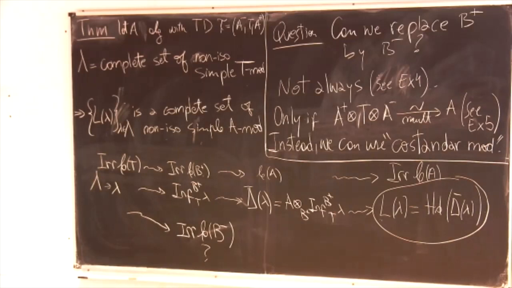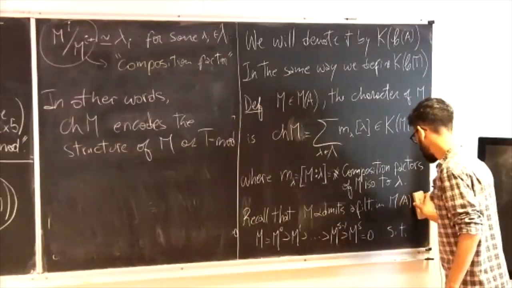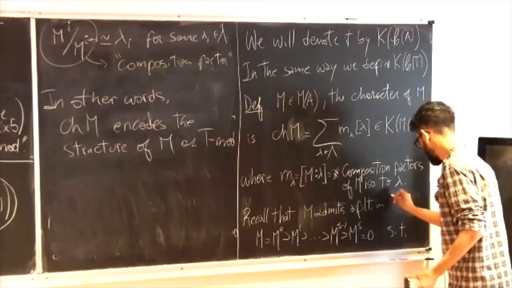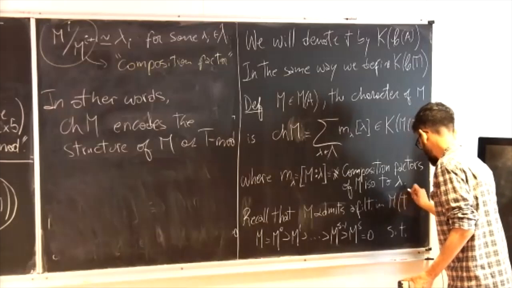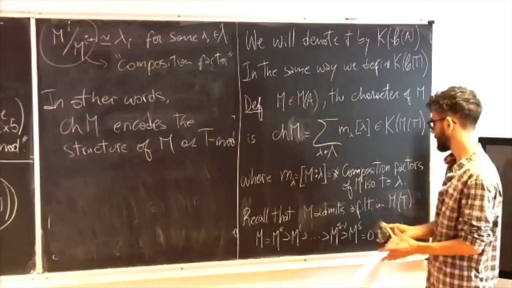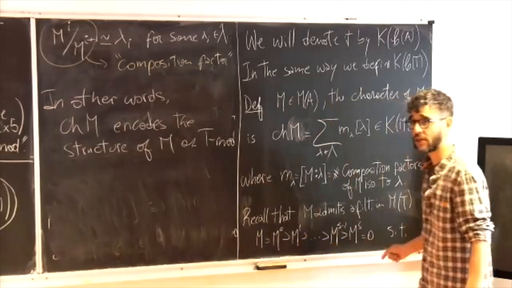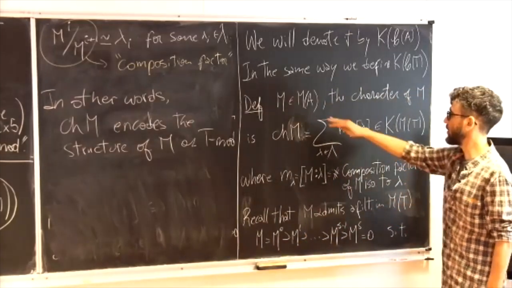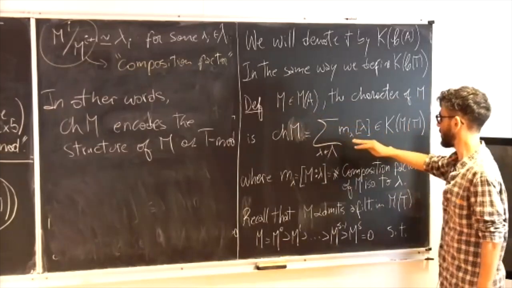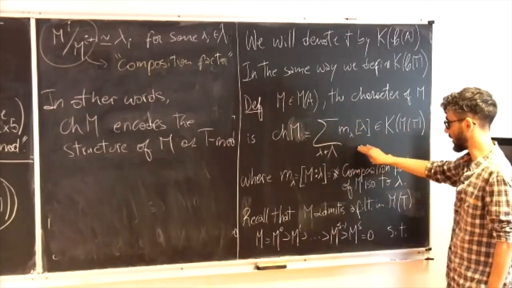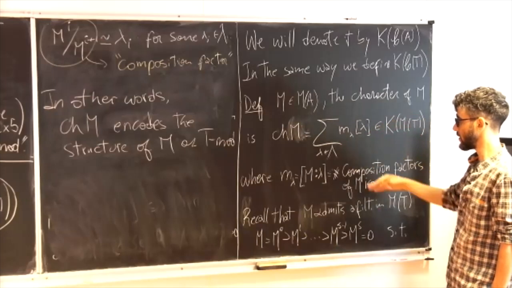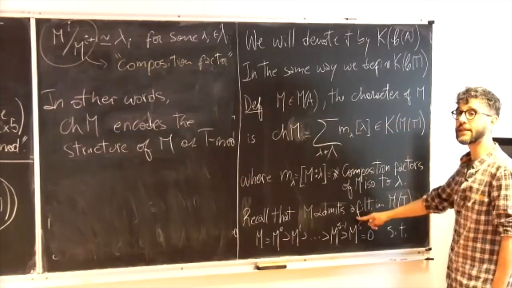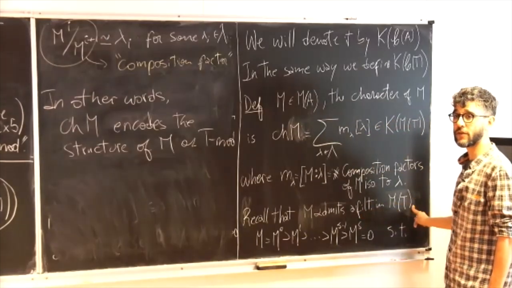Sorry, here this filtration is in T modules. Thank you for the question. Here M is an A module, but when I consider the character, I see it as a T module and take the filtration in the category of T modules.